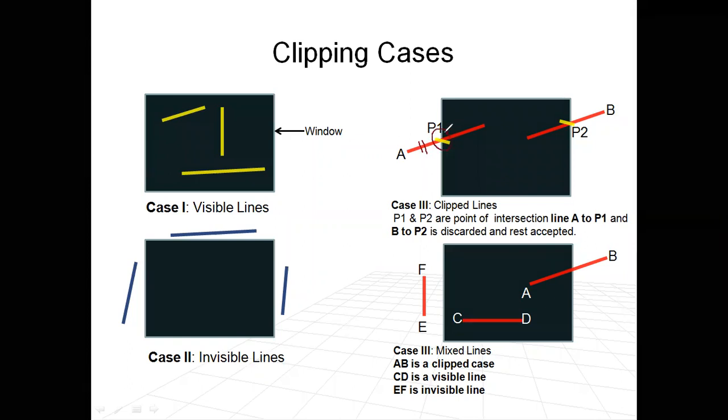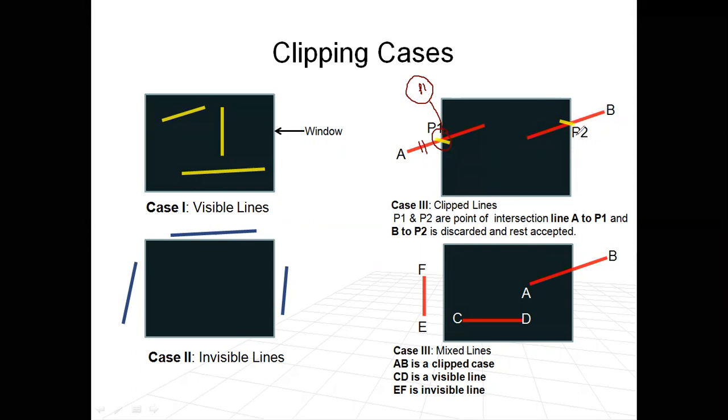So we will be able to calculate the points p1 in a certain manner. We will see ahead how this intersection across the edges is calculated. So p1 is the point of intersection across this edge, p2 is the point of intersection for this line across this edge.